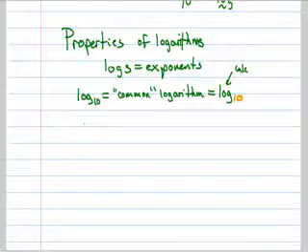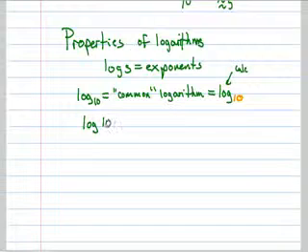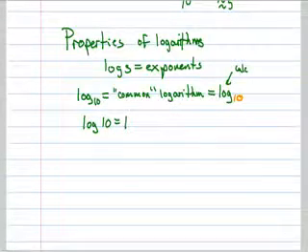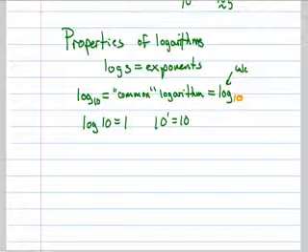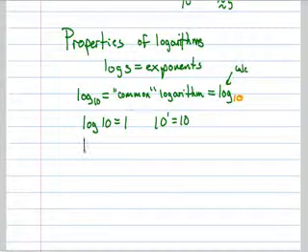Okay, so let's look at some things that we know. I know the log of 10 is equal to 1 because 10 to the first equals 10, right? So the log of 10 should be equal to 1 because that's my exponent.